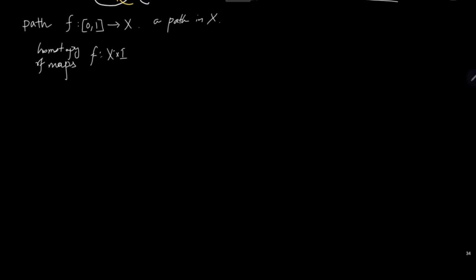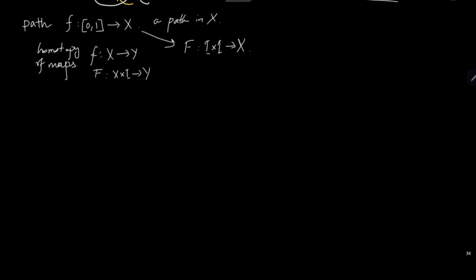A map was basically just this, and a homotopy was this X cross I to Y, and a homotopy of paths in this case will be something like I cross I to X. So there's that.